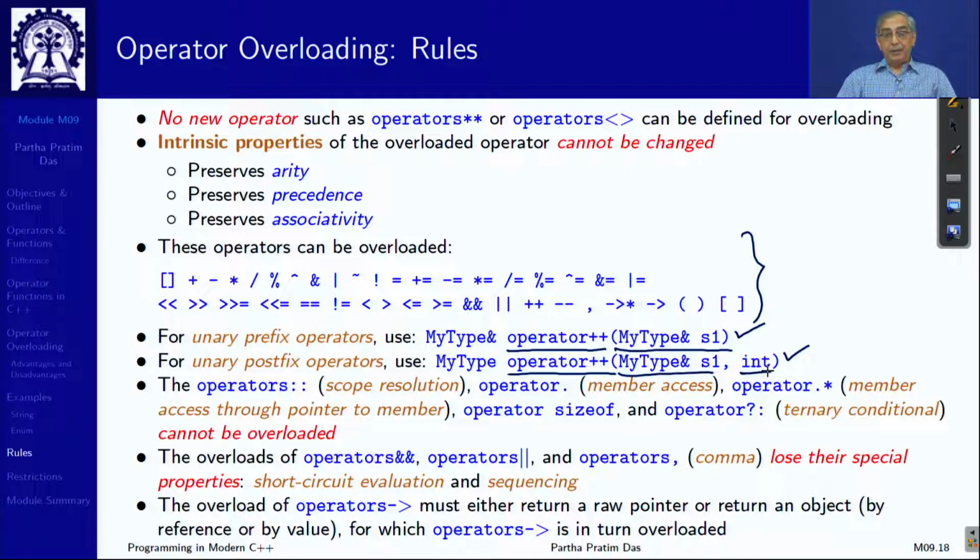And you will not understand this fully now. If that pointer is not a raw pointer, then it will be applied again to get the next pointer till you get a raw pointer. I am sure this is absolutely not making sense to you. We will at some point talk about smart pointers in one of the later modules, and then you will understand how important this overloading is.